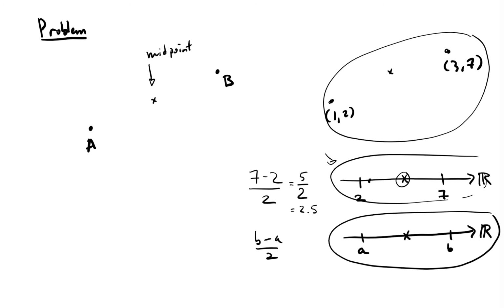If I want to take the average of 7 and 2, I need to add them up and divide by 2. In that case, I get 9 halves, which is 4.5. That's actually right in the middle. You can check. So the correct formula here is b plus a over 2, or a plus b over 2. It's the same thing. So that's how you get the midpoint.